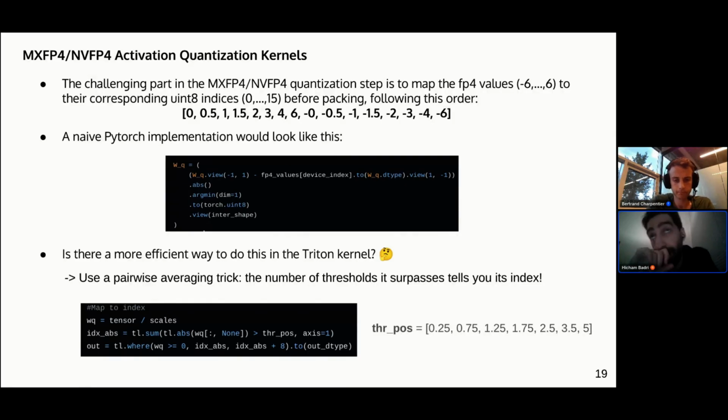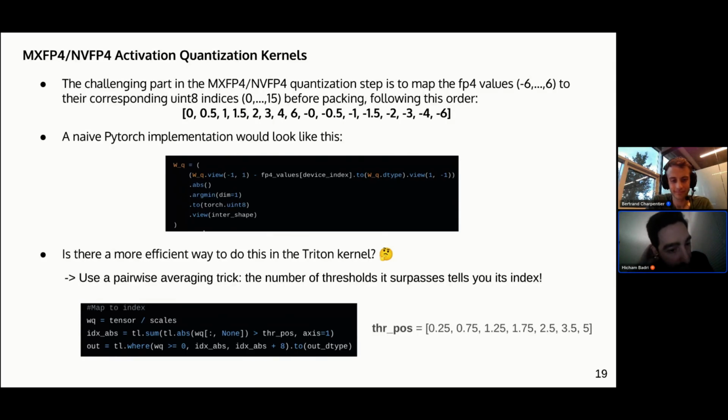But it's not exactly the same, because you might have an issue when the TL absolute value equals exactly the threshold. Then you have an issue. But you can do some tricks, like add a really small value to make it not equal. You can add some random values just to disturb it a little bit.